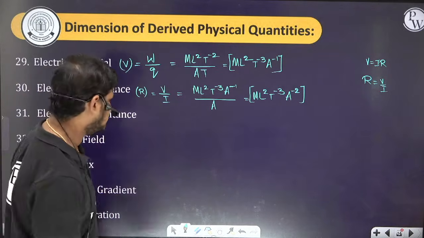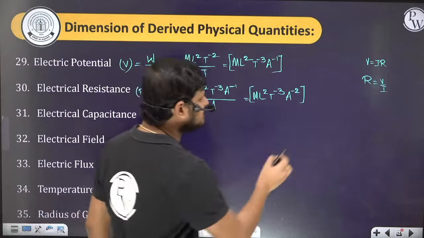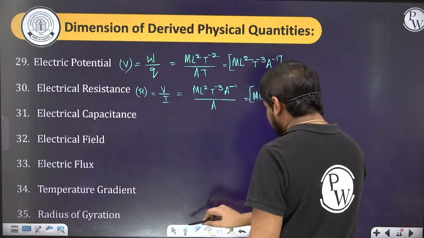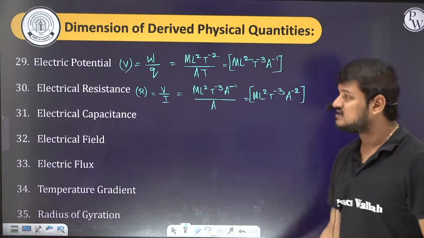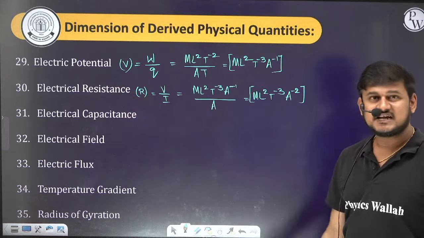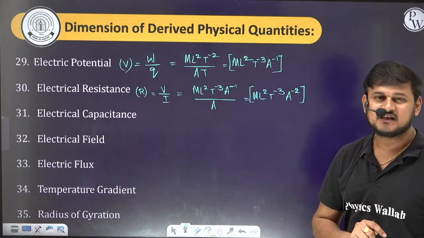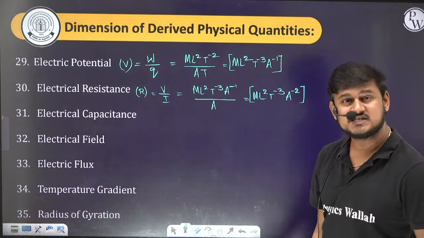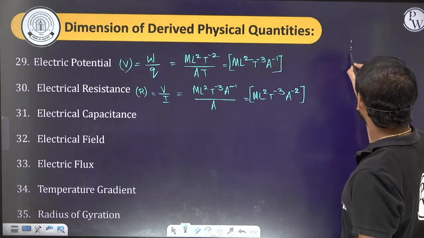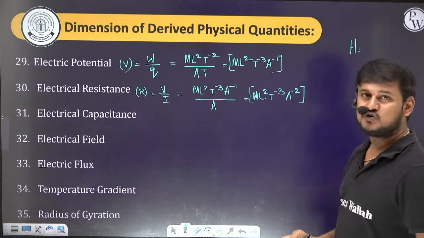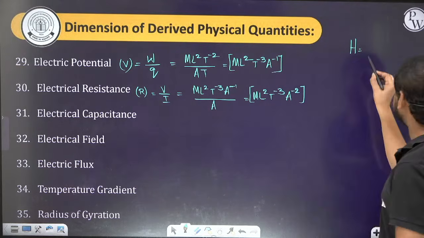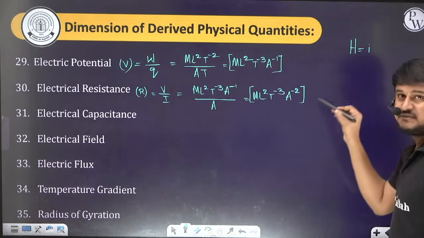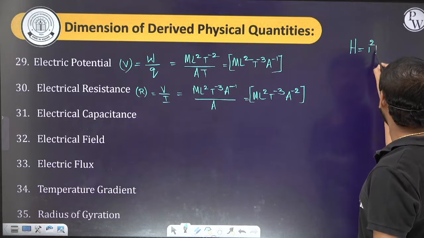Clear? Next. This is one method. Sir, if I don't know this electric potential formula, how can I derive the electrical resistance dimensional formula? You can use another way. You know from grade 10 Joule's law of heating: the heat dissipated H is equal to I square RT.